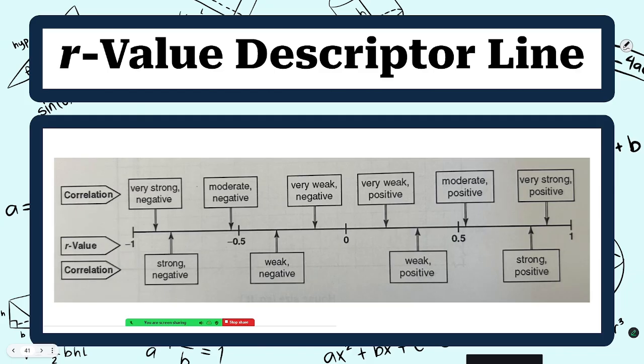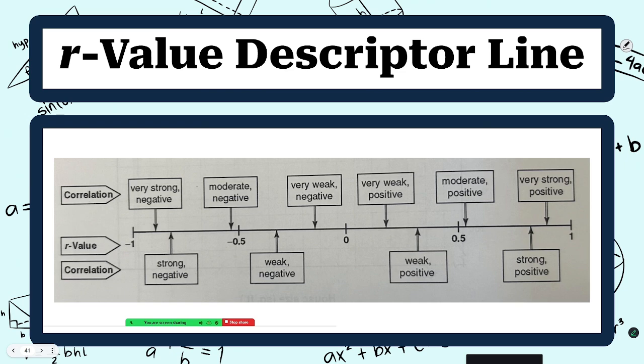Here on the board in front of me, I have a graphic that has an R value descriptor line. It's kind of like a number line, and it tells us right in the middle there is 0. Now, if you have an R value close to 0, your correlation is going to be very weak. If it's close to 0 in the negatives, it's a very weak negative correlation.